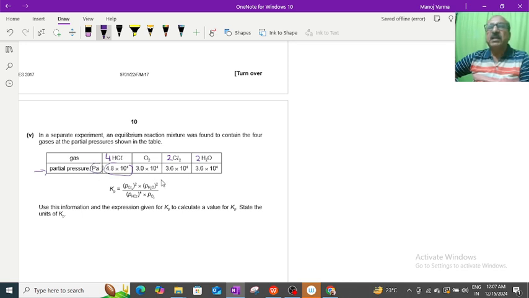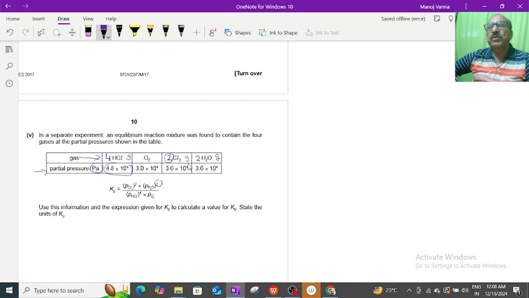Remember, this represents the partial pressure of HCl, and all the values are in pascals. Now you know that when we find the Kp value, we have to take the partial pressure of chlorine raised to 2. That's why I wrote 2 over here. For water, again, it will be raised to 2, and everything has to be in the gaseous state. And as you can see, they were definitely in the gaseous state, because otherwise you cannot apply this formula.